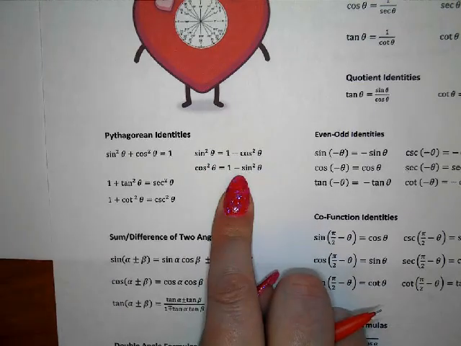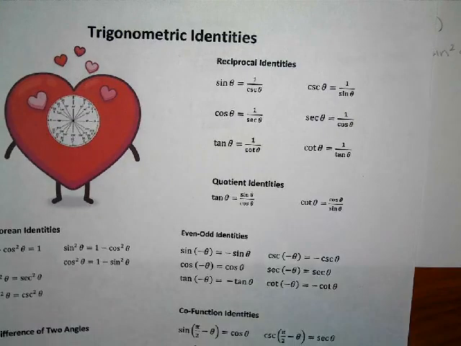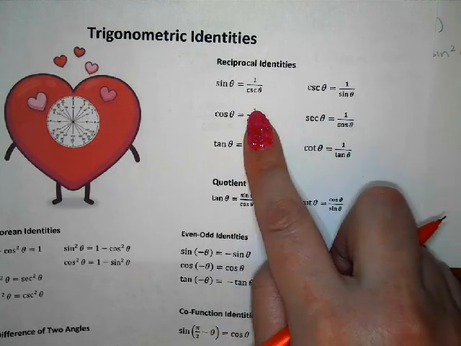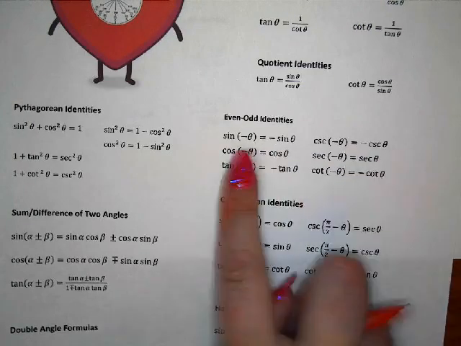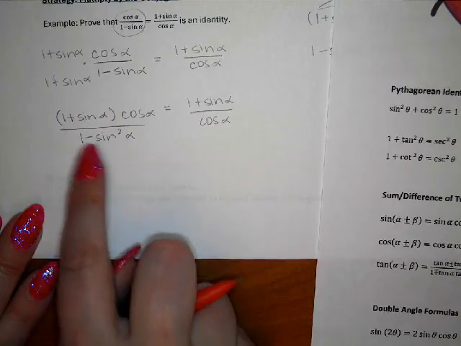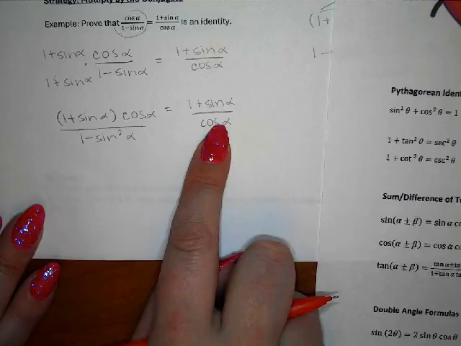For all of the things that we've learned so far, sine and cos don't go back and forth with the reciprocal identities. They don't go back and forth with the even and odds. So the only thing that would help me convert from this sine into the cos that I can see in the final answer is my Pythagorean identities.